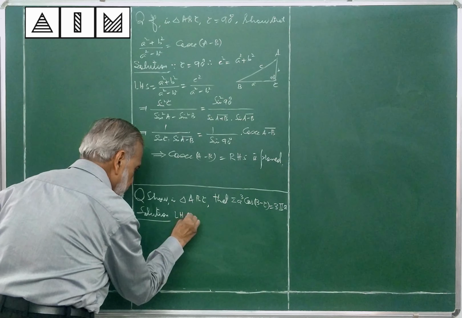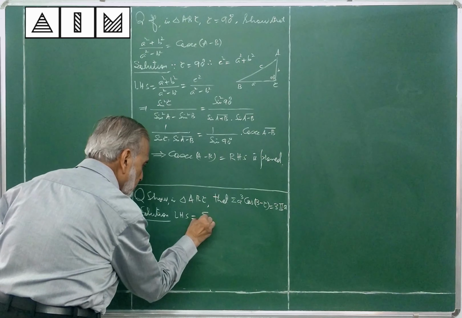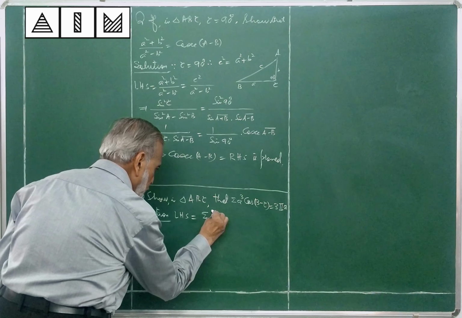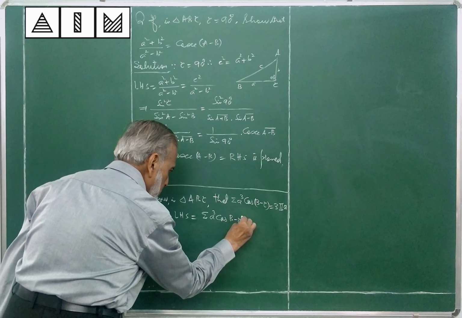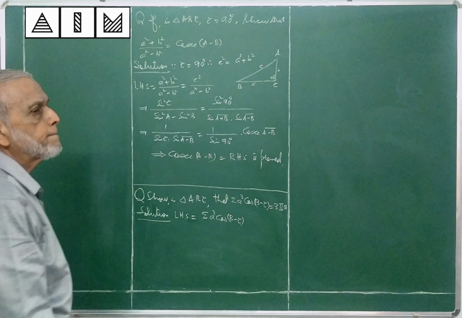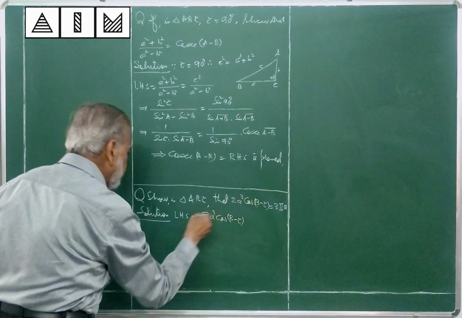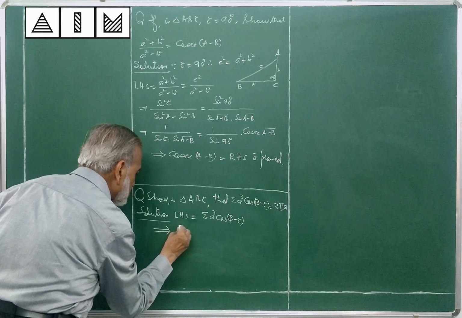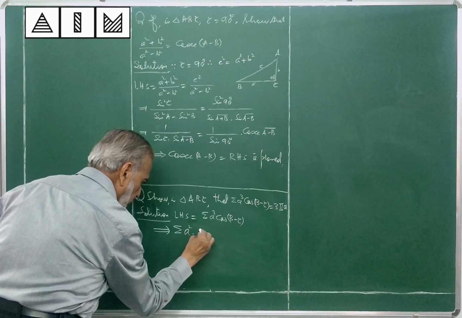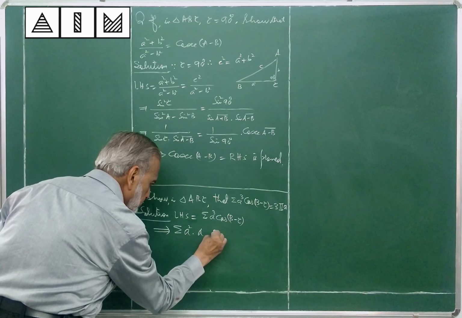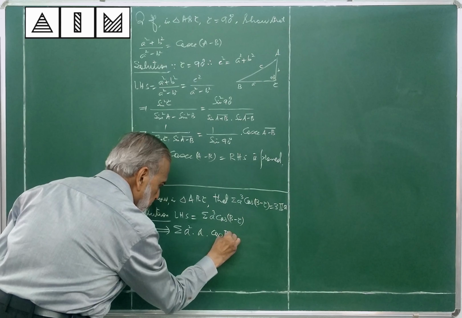Left hand side, Σ a³ cos(B − C). I am rewriting Σ a² into a cos(B − C).